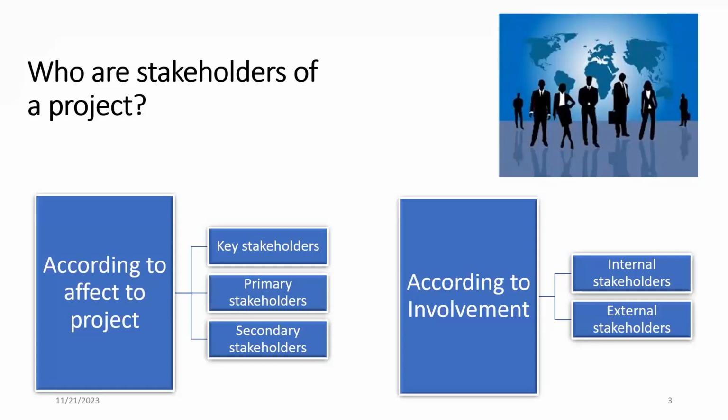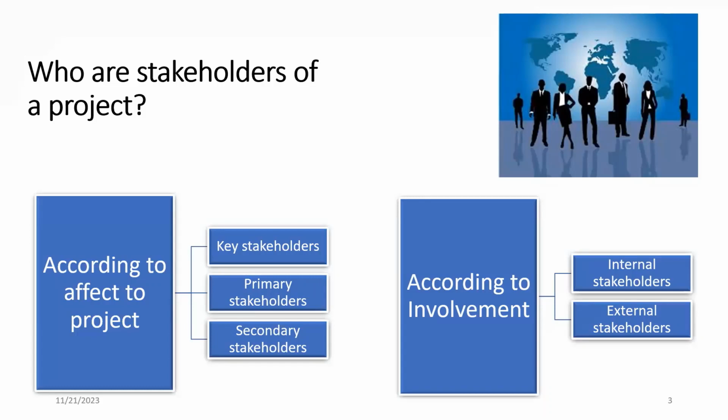Internal stakeholders are people whose interest in a company or organization comes through a direct relationship such as employment, ownership, or investment, and they can be directly involved financially in the operation process of the project.